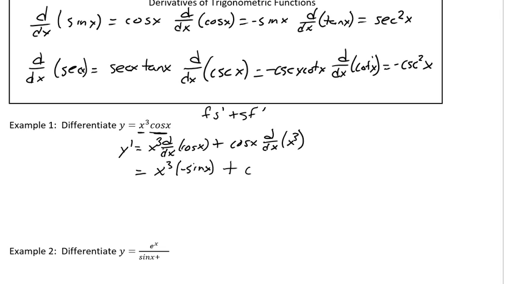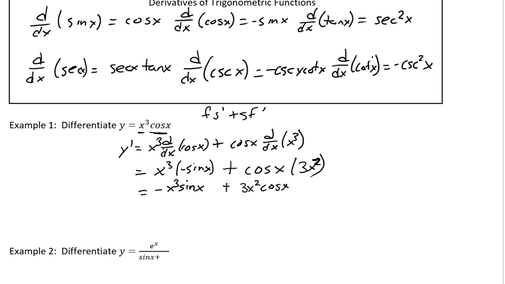This again is unsimplified, but there's not a lot of simplifying we can do here. Can't really combine much. Essentially the only thing they would do to simplify it would be to move the negative out front, negative x cubed sine of x, plus 3x squared cosine of x, and that would be our derivative in its most simplified form.